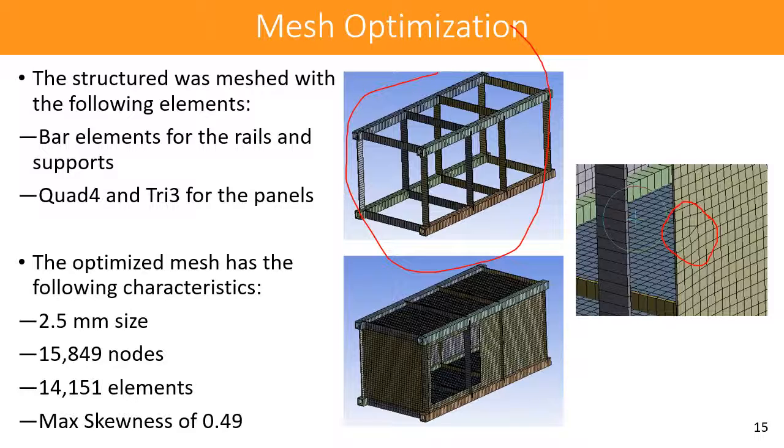So the optimized mesh that I found was with 2.5 millimeter elements, and this led to 1549 nodes and a max skewness of 0.49.